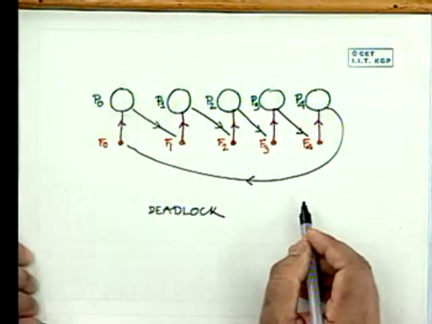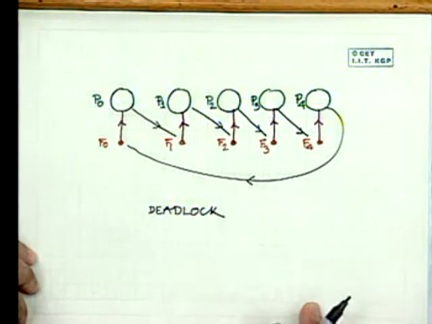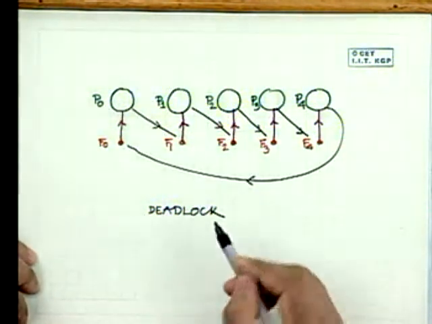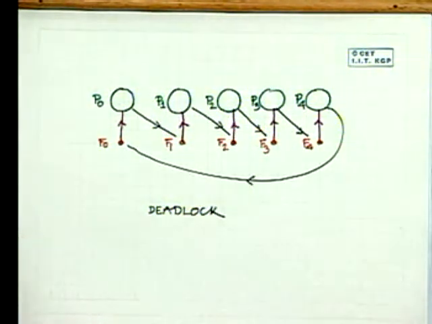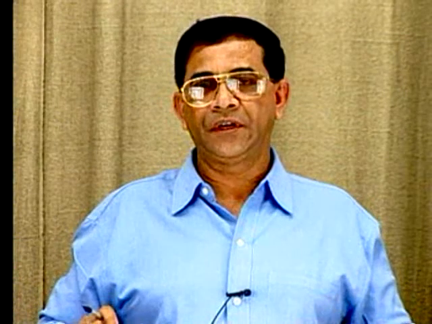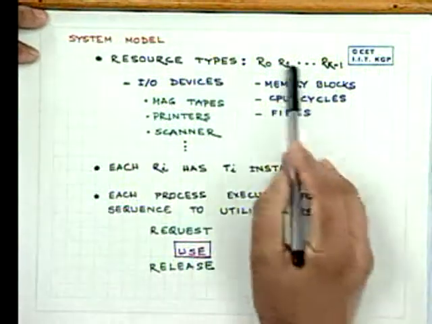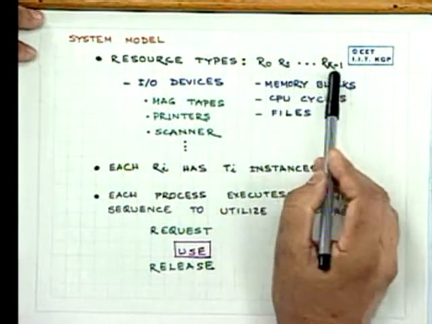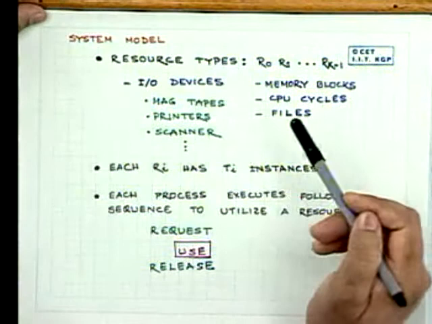This is the situation of the philosopher's problem. Let us now try to generalize and see what are the different aspects associated with deadlock. But let us first see our system model. There are some resource types, R0, R1 to Rk minus 1, that is K resource types.